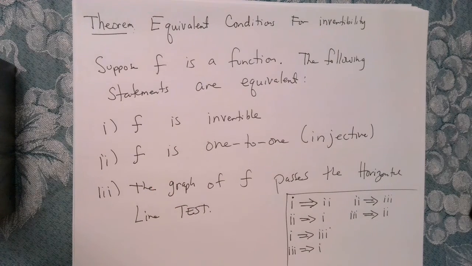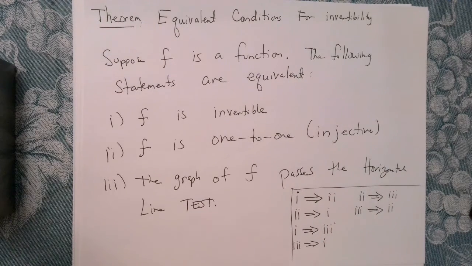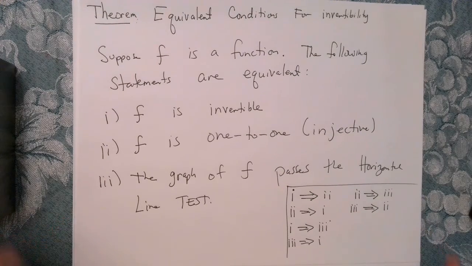So if they asked you, hypothetically, to prove that f is invertible, it's enough to show it's 1-to-1. Or it's enough to show that the graph of f passes the horizontal line test. Okay, so "the following are equivalent" means you have exactly this chain of logic.